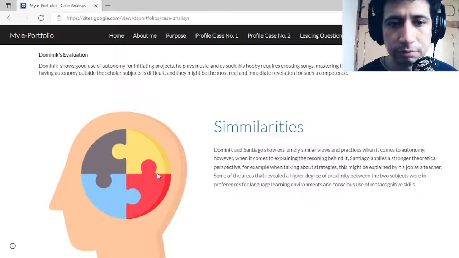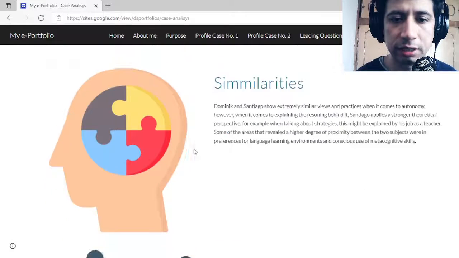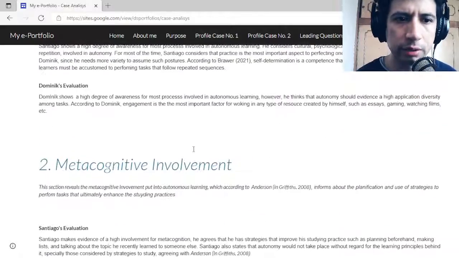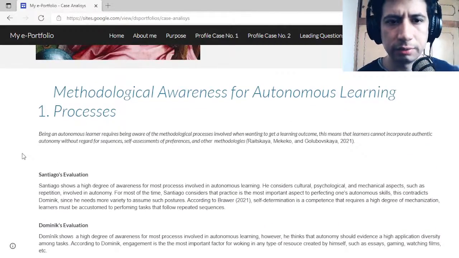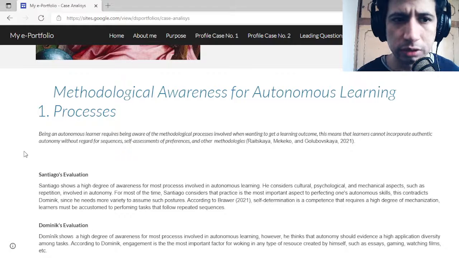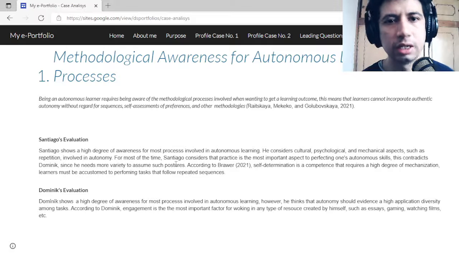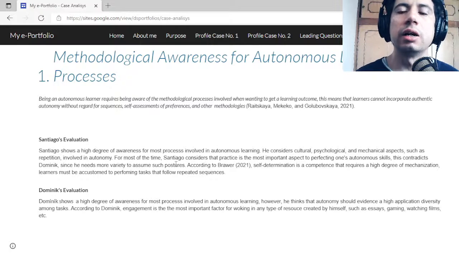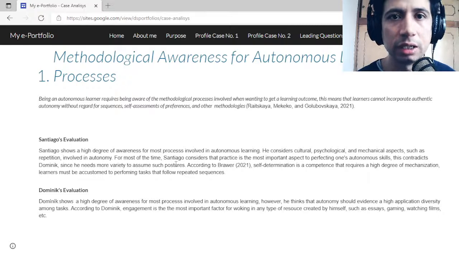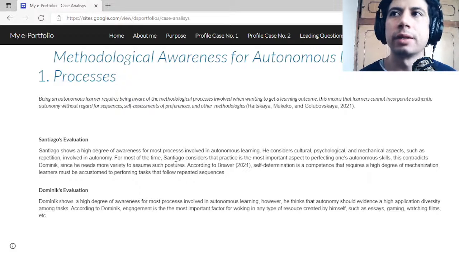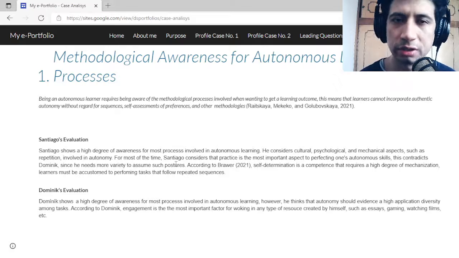I also made some summary of the similarities and the differences. But let's go this one by one. Now, in regards to the methodological awareness for autonomous language learning processes, since I'm already a teacher, I'm already aware of the processes that I need to involve in order to be an autonomous learner, such as self-control, having schedules, also having pressure on myself.